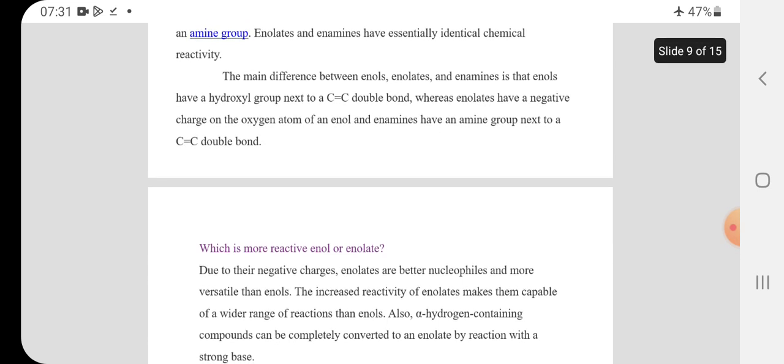Therefore the enolate ion is more reactive compared with the enol.